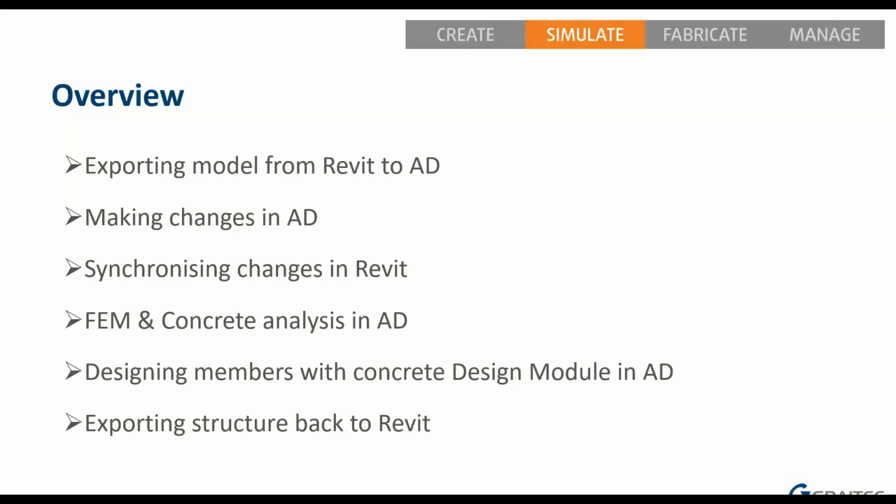Once we've completed that, we can then look at exporting this structure back to Revit, where we can once again have a look at those results in Revit, and also calculate the elements' reinforcement based on the results which we've obtained from Advanced Design.